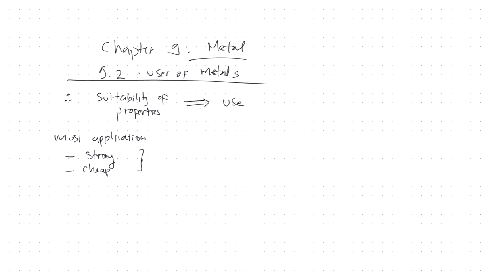Both of them, strength and cheapness, are going to be the major requirement, which led us to the use of the most widely used metal of all, steel, which is a special alloy of iron. That is the reason why steel is the most manufactured metal in the world.